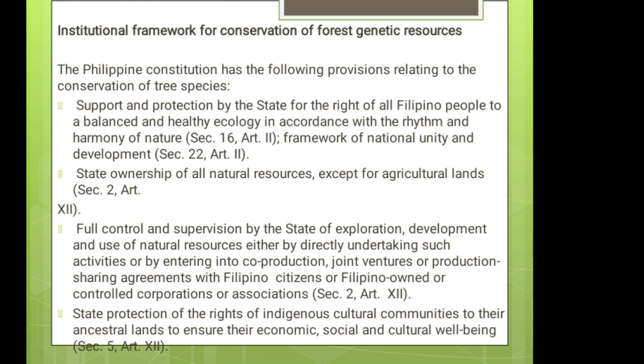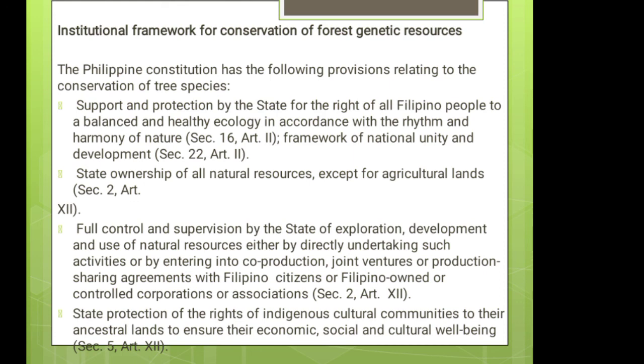Ang next ay may Philippine Constitution tayo kung saan pinoprotektahan at inaalagaan ang natural resources. Isa na dyan ang sinusuportahan at pinoprotektahan ng Estado ang karapatan ng mga Pilipino para mapangalagaan at ingatan ang kapaligiran. Ang pangalawa naman po ay pinagmamay-ari ng Estado ang lahat ng natural resources except sa agricultural lands.